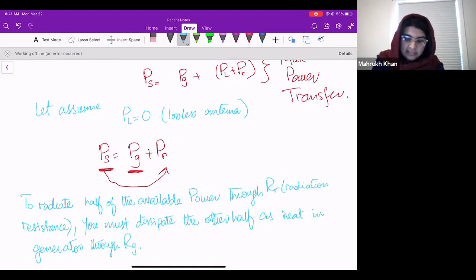So that is the maximum power transfer scenario. Power cannot be greater than this. Okay?